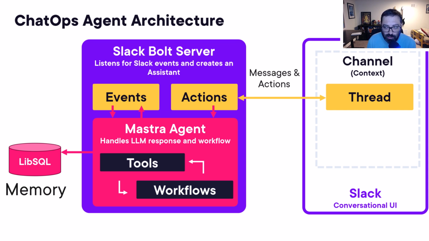And then the user can take an action, like clicking that approve button, and then the action callback resumes the workflow that the action corresponds to. And that memory of the agent is at the channel level, which gets stored in long-term working memory for recall, and that's through that libsql vector database. And it also sends recent conversation history as context. So there's all these different building blocks going on.